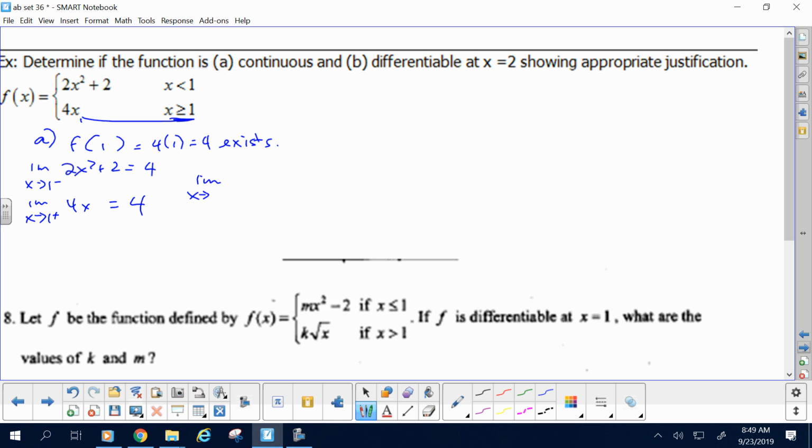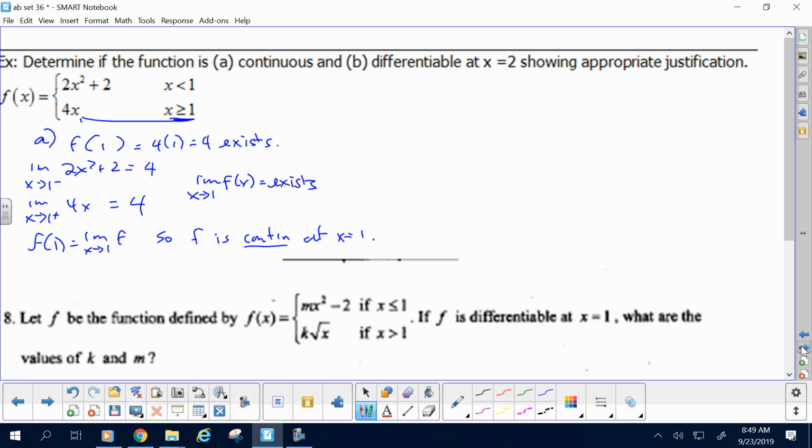The limit as x goes to 1 exists. Because the two one-sided limits are the same, yeah? And therefore we conclude that because f at 1 equals the limit as x approaches 1, that f is continuous. Do we agree?